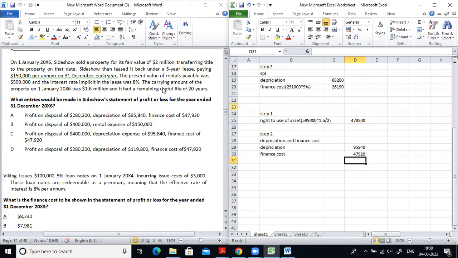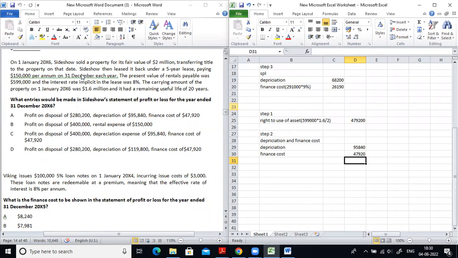So we'll be showing a finance cost of 47,920. But here the question is, because in this case of sale and leaseback, you are assuming that the control is transferred here. You can see, transferring the title to the property on that date. It means you are assuming that the control is transferred to your purchaser.